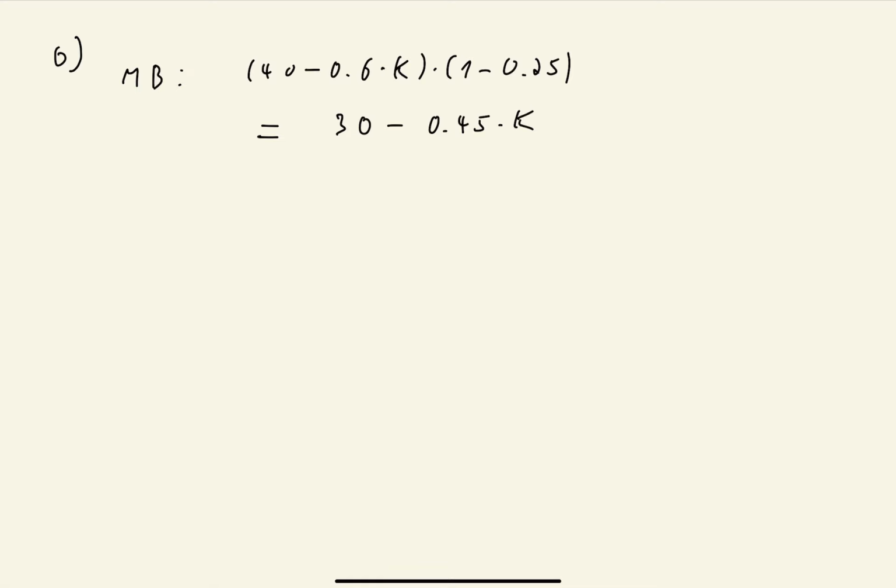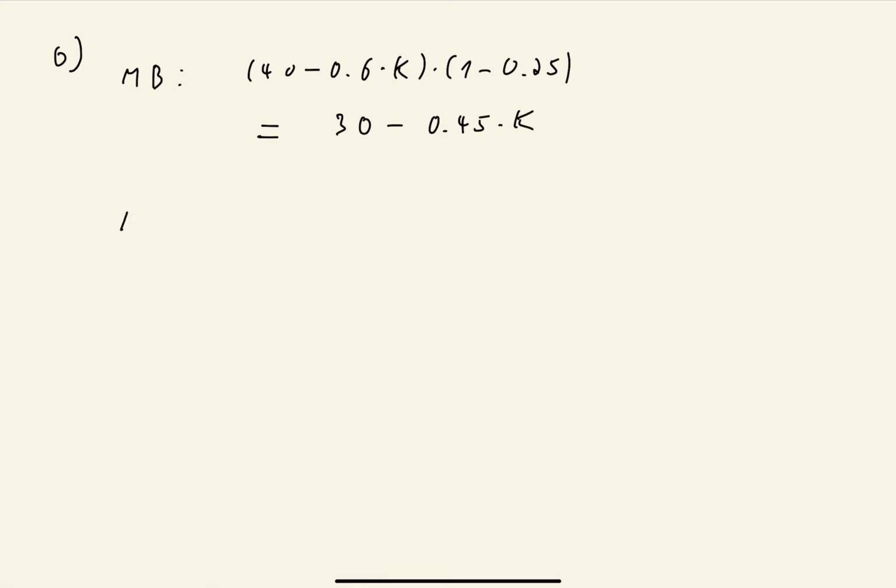So the marginal benefit here is 40 minus 0.6 times K times 1 minus 0.25, because we have a corporate tax rate of 25%, so we need to account for this. And if you multiply this out, what you get is 30 minus 0.45 times K.